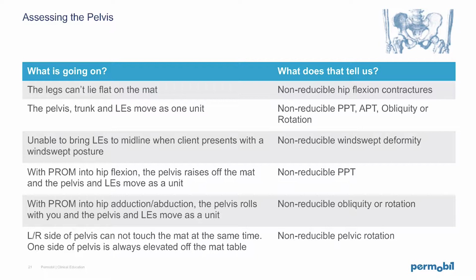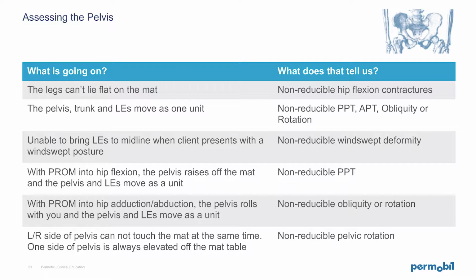And if you're trying to range those into hip adduction, or you're trying to take them into abduction, and the pelvis again begins to roll as you're trying to take the lower extremities through that movement, then again, this is an indication that you're dealing with a non-reducible pelvic obliquity or rotation.